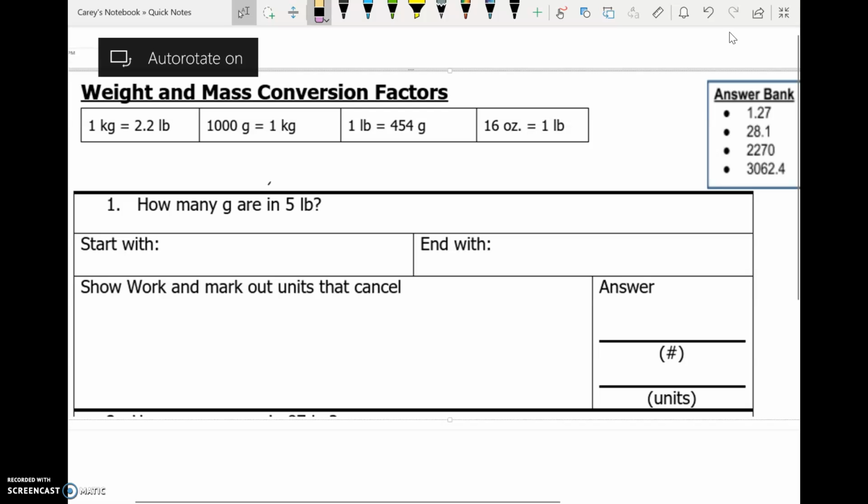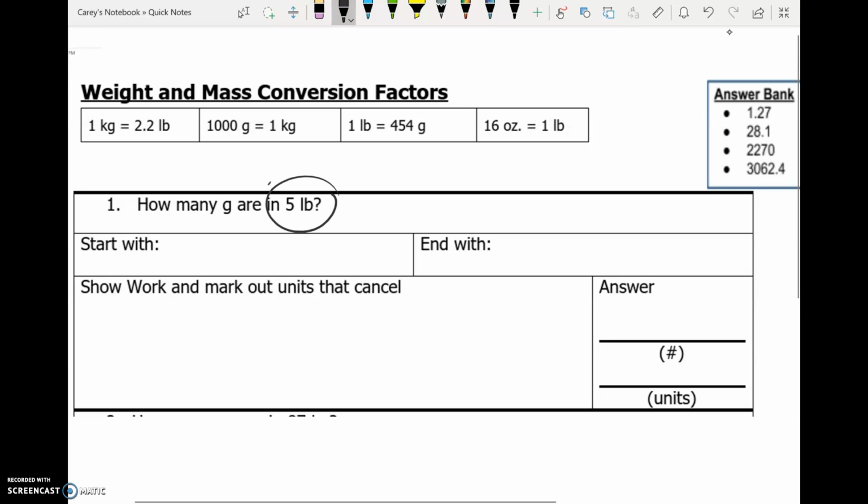All right, the first example for the weight and mass, this one's actually much easier to set up. We've got 5 pounds, and they want us to end with grams. And you'll see that there is a direct conversion for pounds to grams.